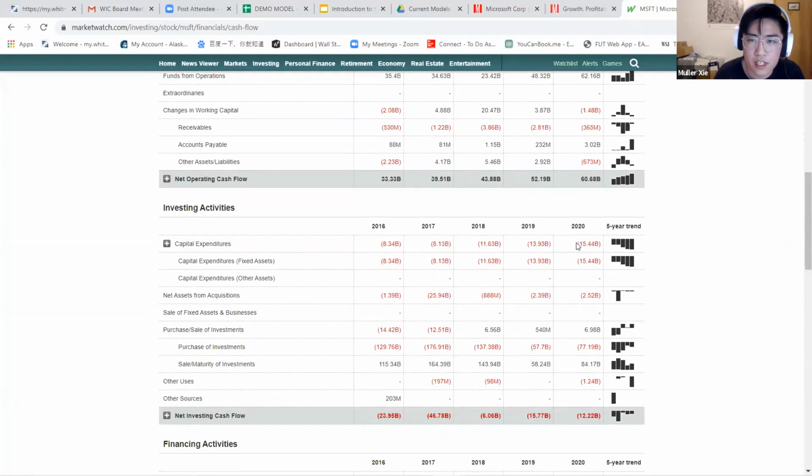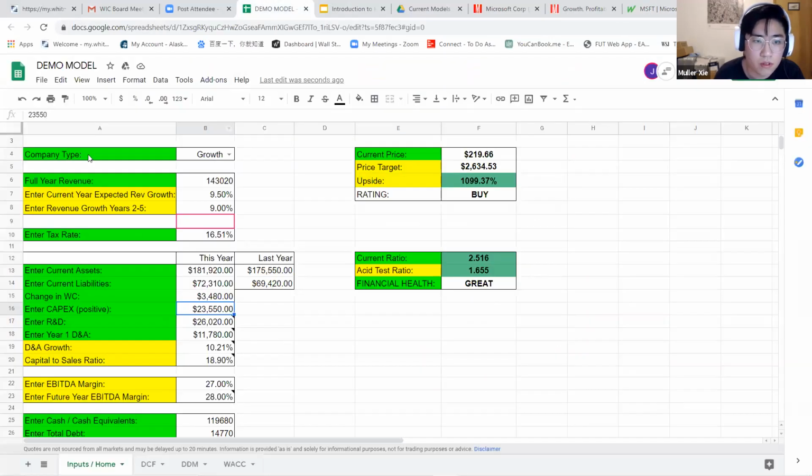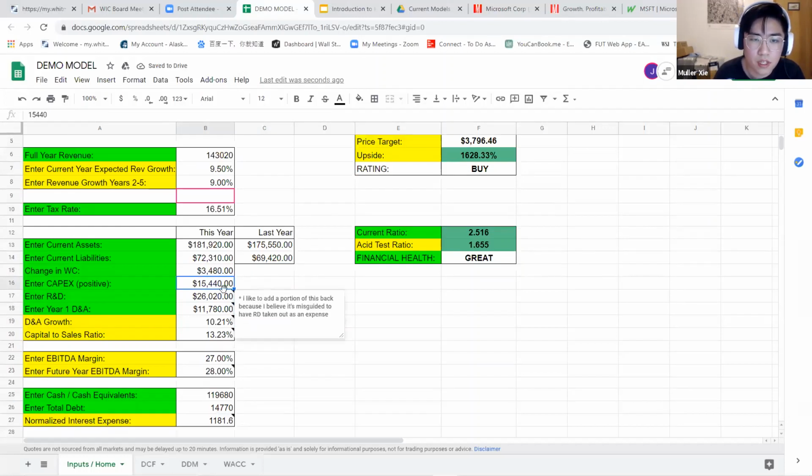Because it is in parentheses as a negative value, in our model we need to transfer it into a positive value. Also make sure you transfer the $1 billion into $1 million when you input this value in your model. So here it should be $15,440 million.